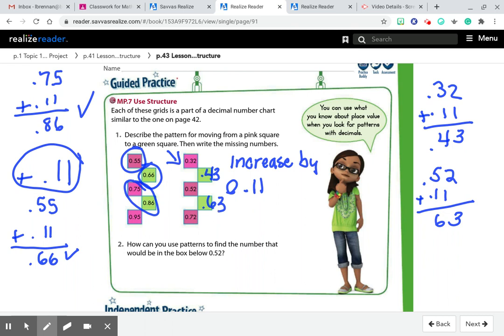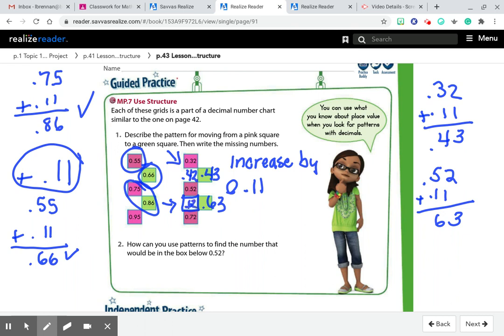How can you use patterns to find the number that would be in the box below 0.52? So if we're looking to see what's in this missing area here, we can use our pattern by taking a look above it. Say we have 0.32, so this will be 0.42, 0.52, 0.62, 0.72.